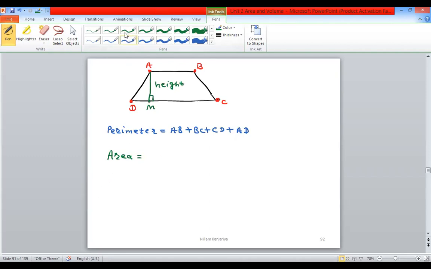So the area of the trapezium is 1/2. You know the area of the triangle is what? With height and base, it's 1/2 base into height. Okay? For the triangle.